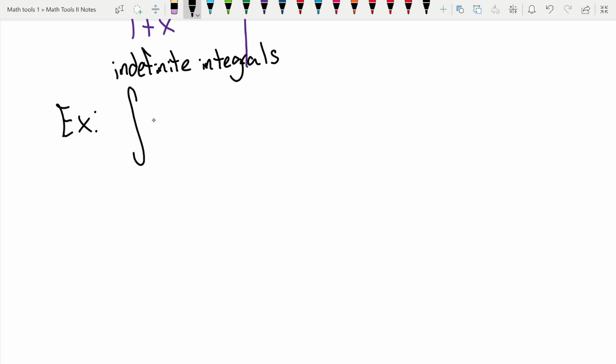Okay, so if we find the antiderivative of x, for example, with respect to x, so this always just says what our variable is, then this is going to be equal to x squared over 2 plus c. And this is because of the power rule for integrals, which was x to the n plus 1 over n plus 1.